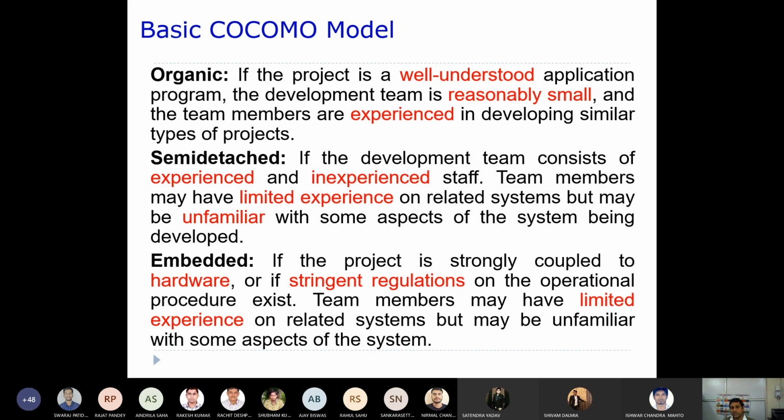If this situation exists, then that sort of software project is categorized as semi-detached.